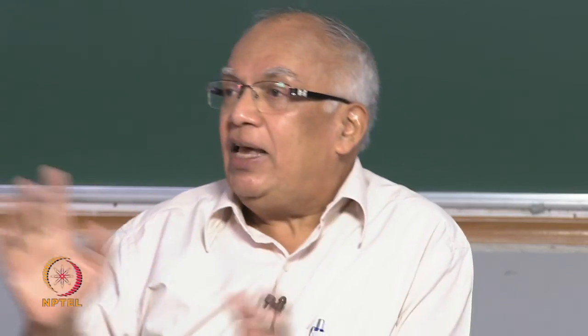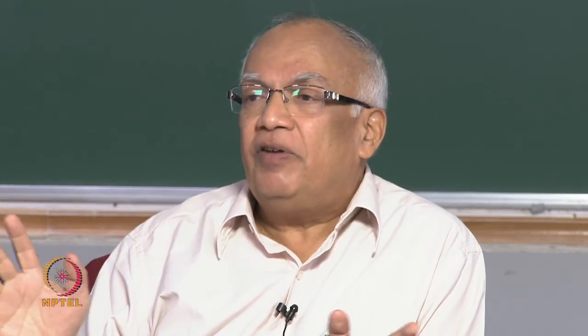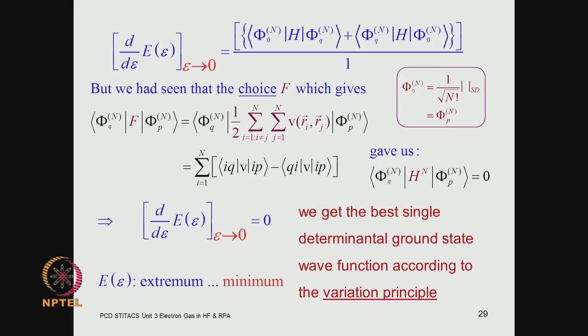We agreed that the difference between phi q and phi p was only in one electron state, everything else remaining the same, all the occupation numbers of all the other n minus 1 electron states remain untouched. So, within the framework of the frozen orbital approximation, you get the best single determinantal ground state, written as a Slater determinant according to the variational principle, and now we have demonstrated that the variation with respect to epsilon gives you a minimum in the limit epsilon going to 0.